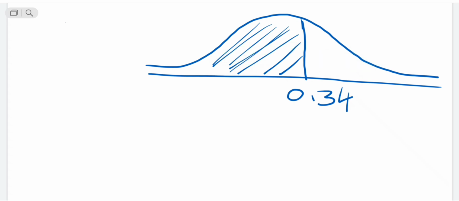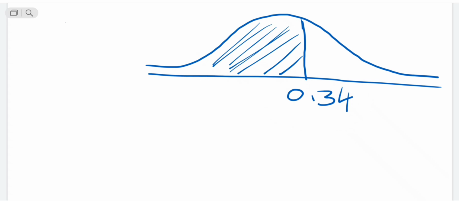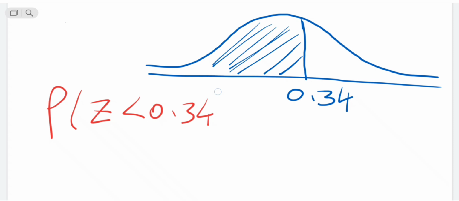So now they are asking you to find the area of this part, which is less than the given one. So it will be probability z less than 0.34. You will see the table of z and write the answer, whatever you get.